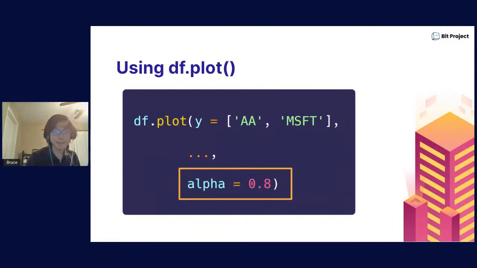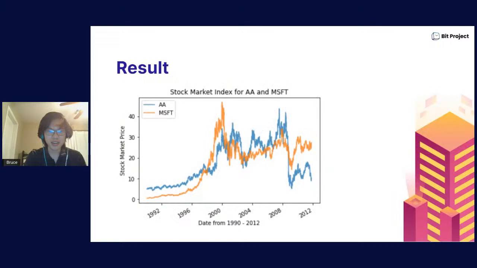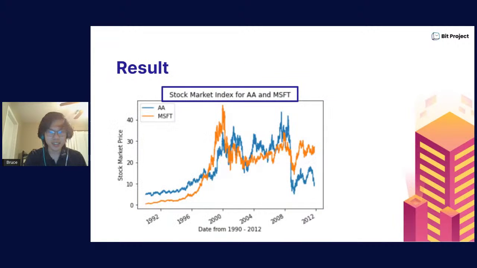Okay, and now what is alpha? So alpha is referring to the transparency of what we're plotting. So if you look here, right, this can be kind of rough because the lines are overlapping, and so here it's difficult to see what's going on in the blue line.